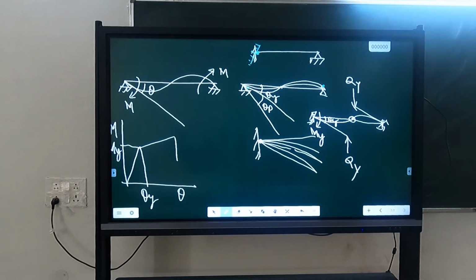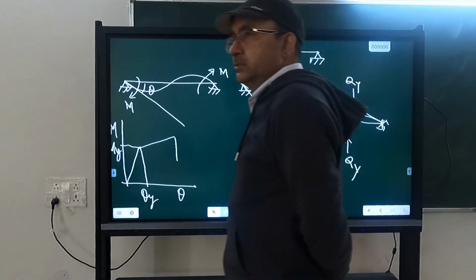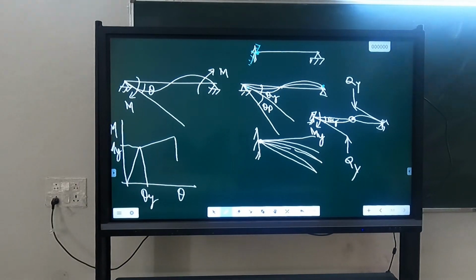Is that clear? Sir, yes. At the end, we can't treat it as a pin support. We can't, because what is the difference between fixed support and pin support? In fixed support, there is a reaction moment which will make the elastic rotation at that end equal to 0.